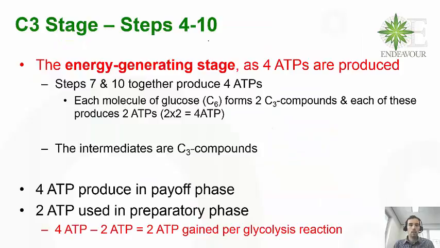In the energy generating stage of glycolysis, which is coming up next, there are 4 ATPs made. This is what we call the payoff phase. It's the last 5 reactions that make up the payoff phase. Specifically, it's steps 10 and 7 which are giving us the 4 ATPs.